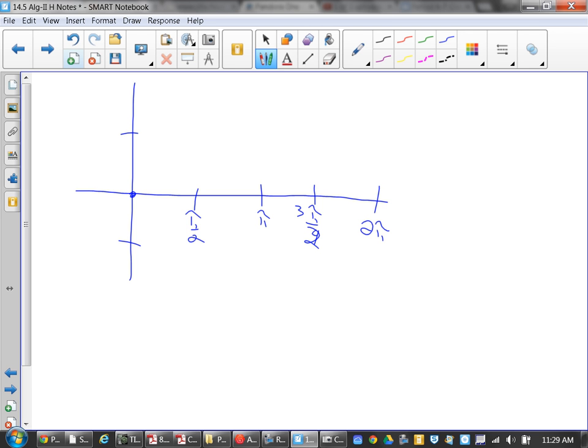Sine went 0, 1, 0, negative 1, 0. Right. Cosine started at 1, 0, negative 1, 0, 1. Which is just the sine curve.